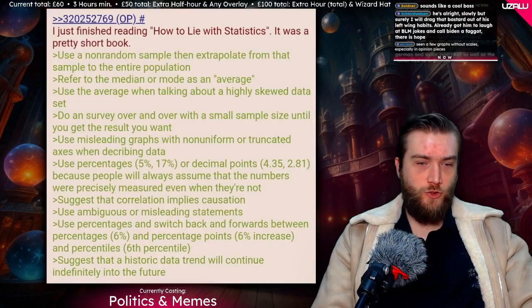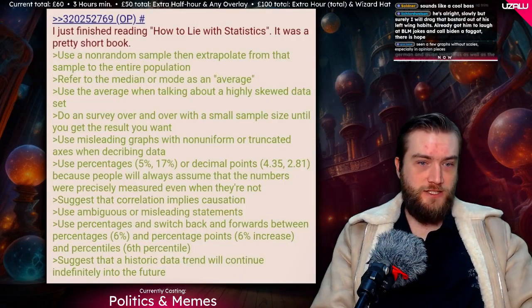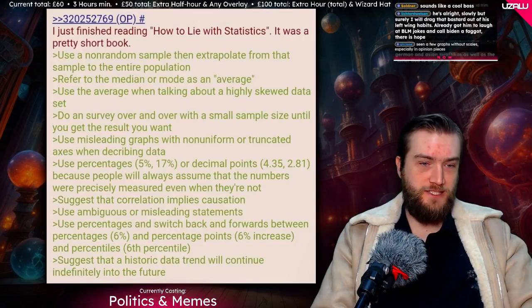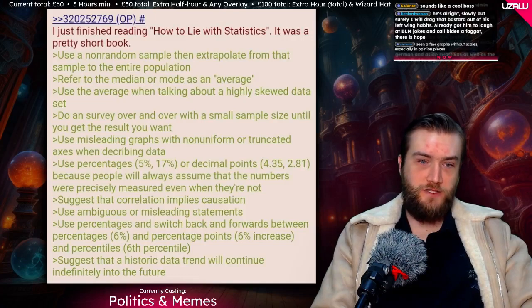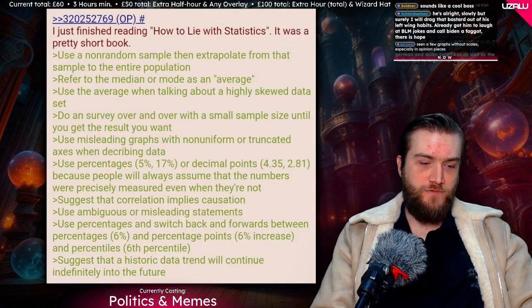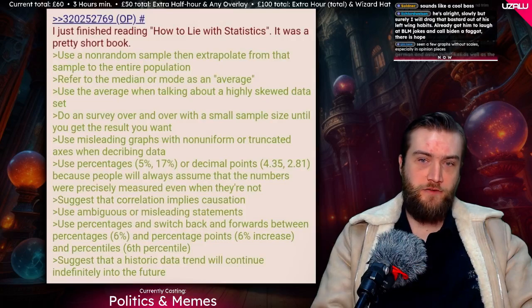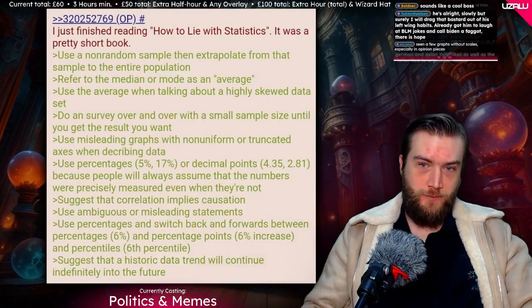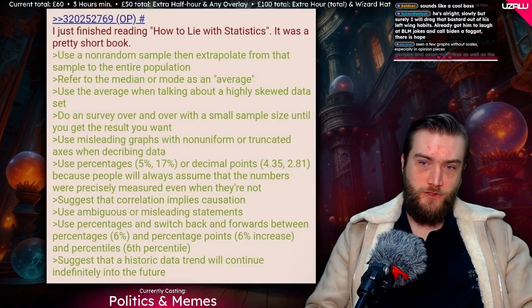Use ambiguous or misleading statements, kind of an obvious one. Use percentages and switch back and forwards between percentages and percentage points. And percentiles. These 3 things are different. So if you say, for example, earlier, when we were talking about Trump and Nikki Haley, Trump at 54%, Nikki Haley at 43%. 54 and 43, the difference between those is 11.